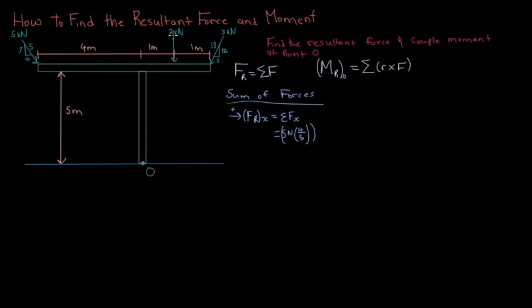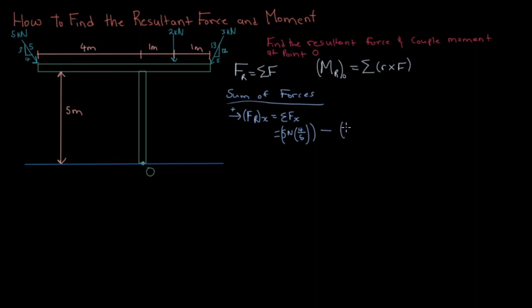How about this 2 kilonewton force here? As you can see, it does not have an x component, so the x component of this would just be 0. We move on to this 3 kilonewton component. In order to get the x component, we multiply 3 kilonewtons times 5 over 13. Since this points right to left, in the negative x direction, we define the direction as negative.